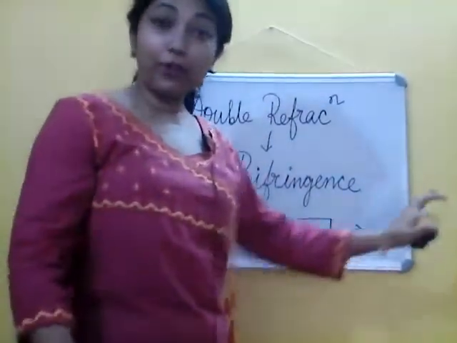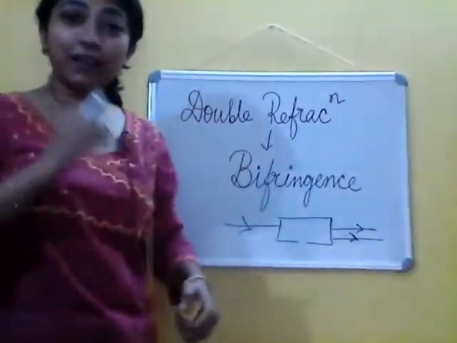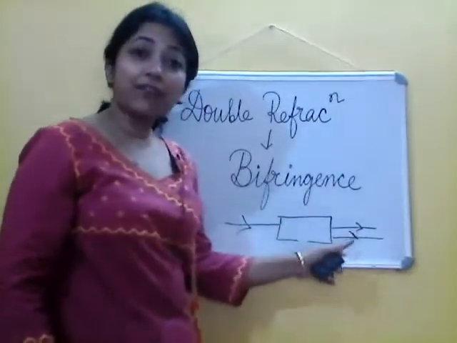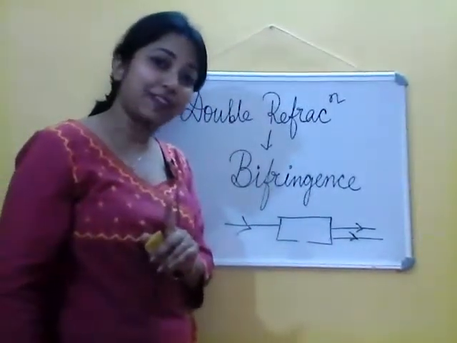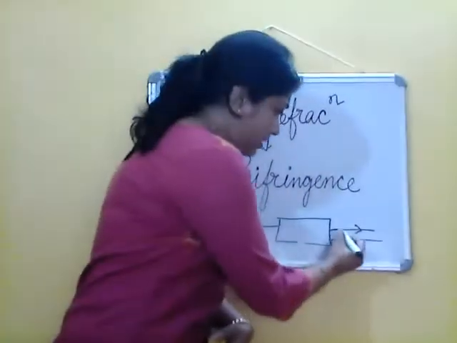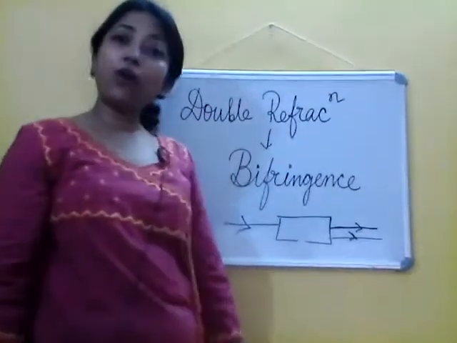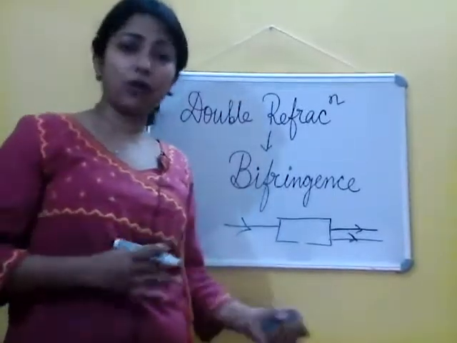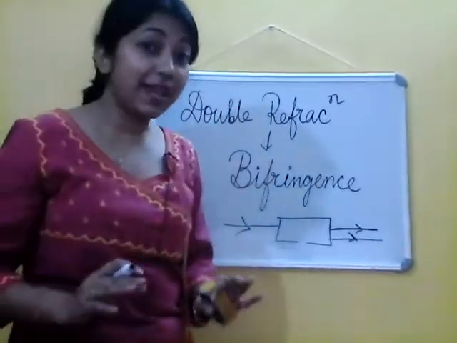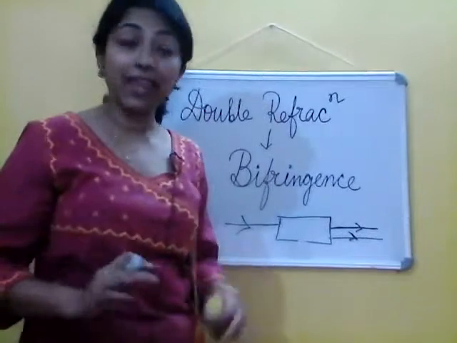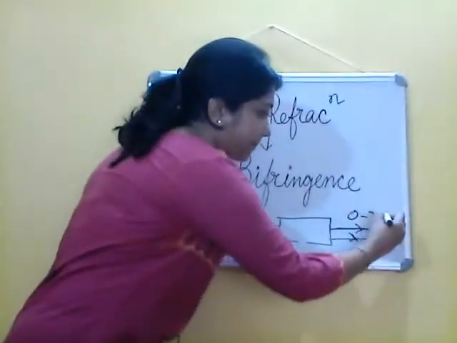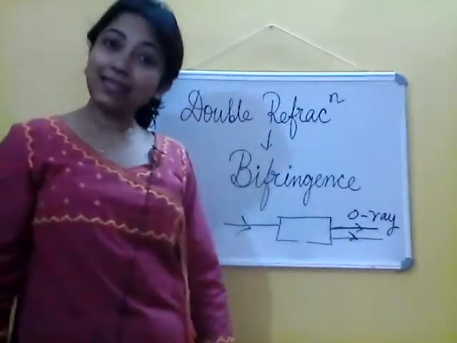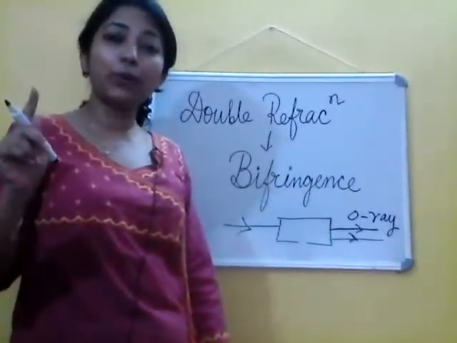But before I tell you more about it, I would like to add a little point: of these two rays that have come out as a result of double refraction, one follows all the laws of reflection, refraction, Snell's law, and so on. So this ray is called the ordinary ray, or O ray. Whereas the other ray is not going to follow any rules.